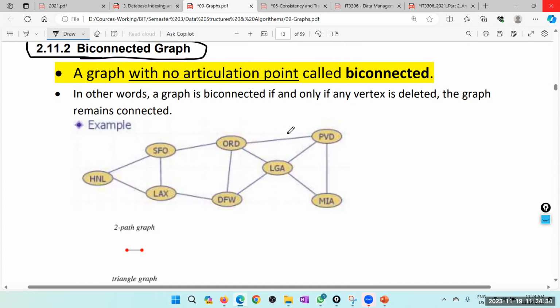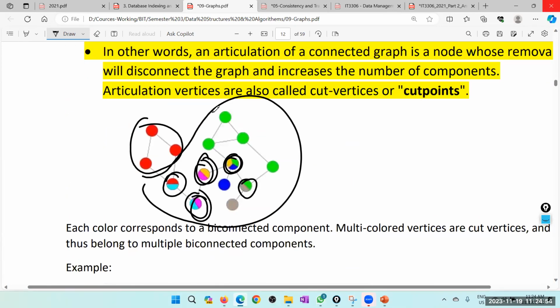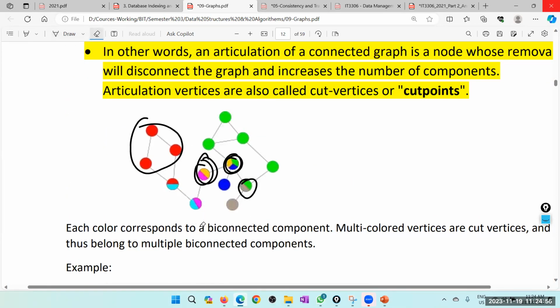Right? Bi-connected graph. So then someone will ask, why are we interested in these things? Especially when it comes to war, cut points are super important. Because of the movement, say these are some military camps. If enemies manage to overcome a particular cut point, all of a sudden now they are separated.